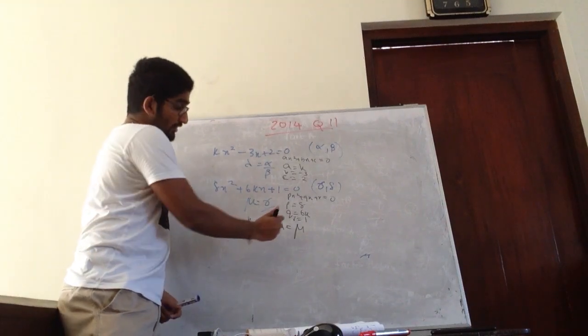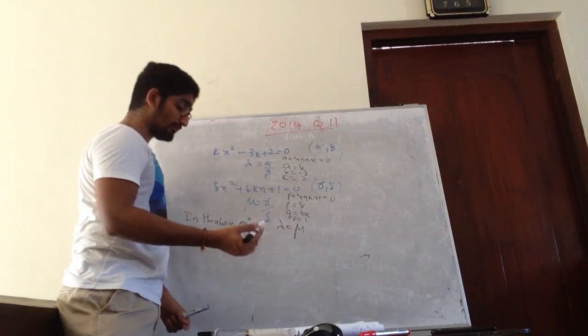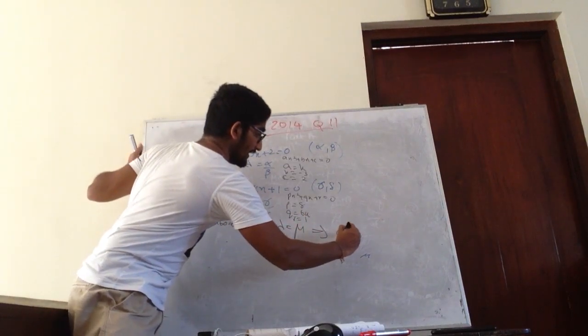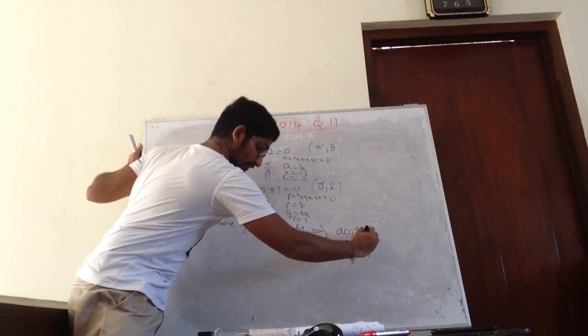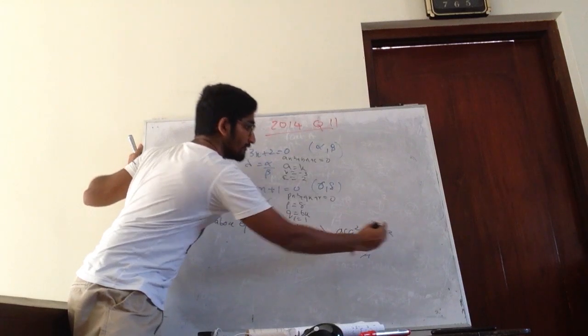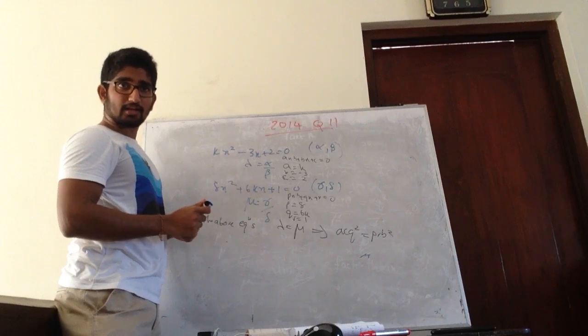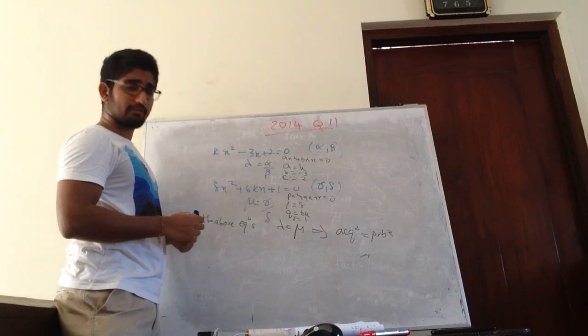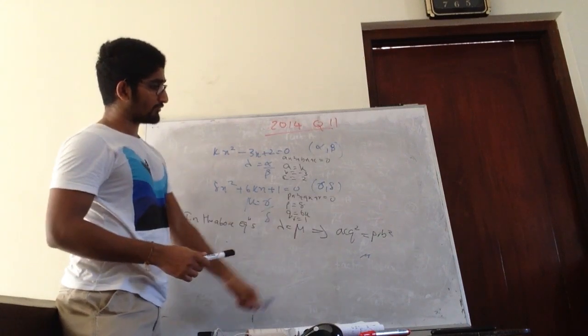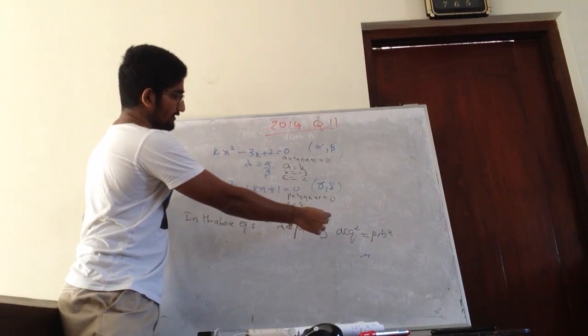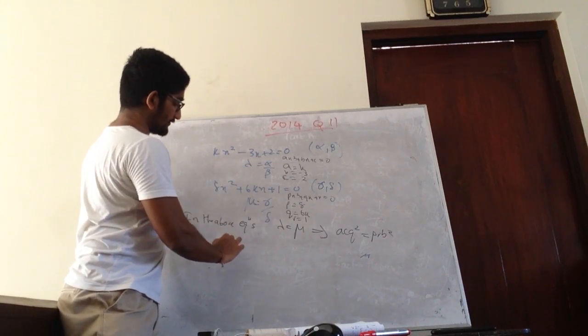Right? So now if this stands, what did we find? We found out that ACQ square is equal to PRB square. Correct, no?